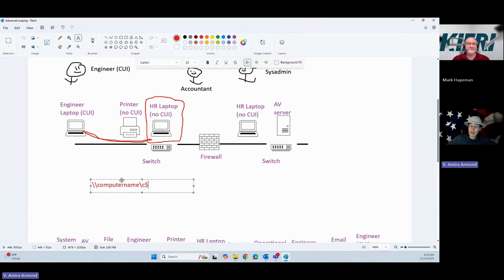And in Windows networks, if you log in as an admin to a computer, anywhere inside the network, you could just type in some other computer name and get access to their C drive or their D drive, right? And do anything you want. Pretty handy for IT consulting.